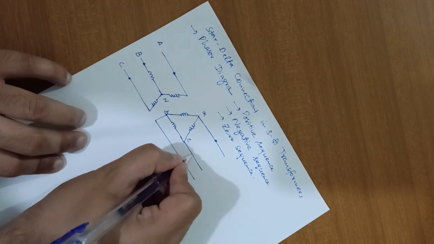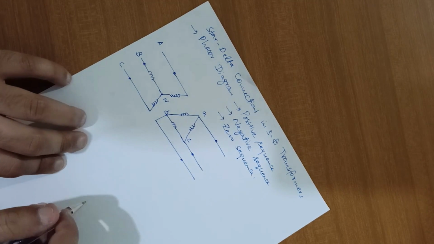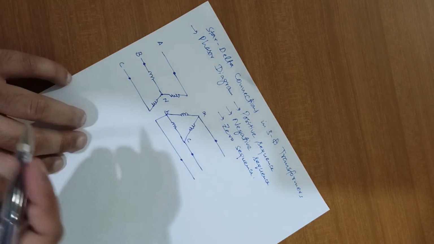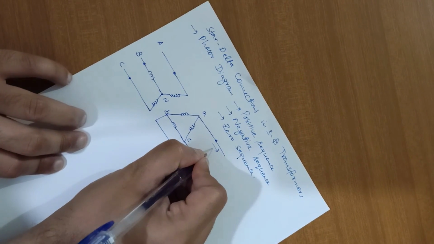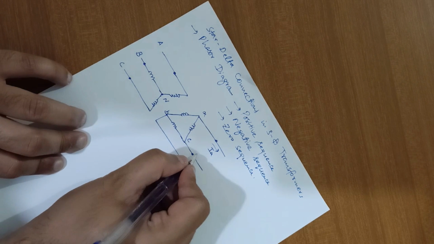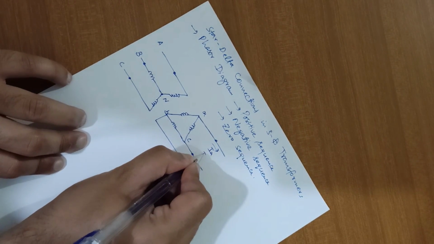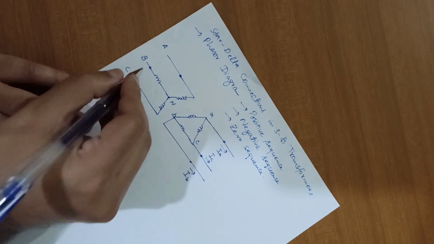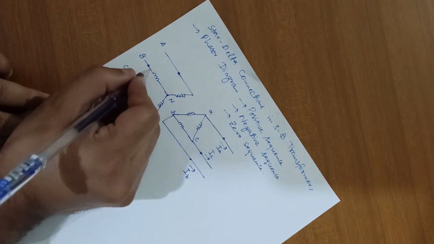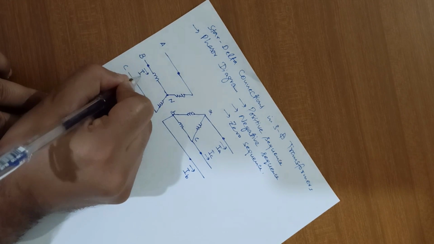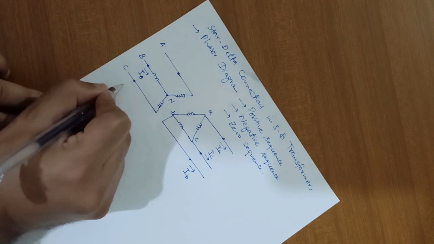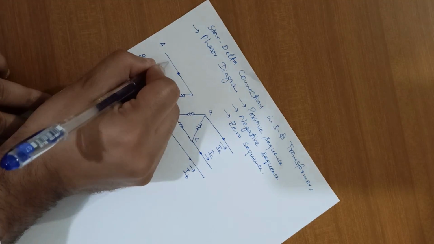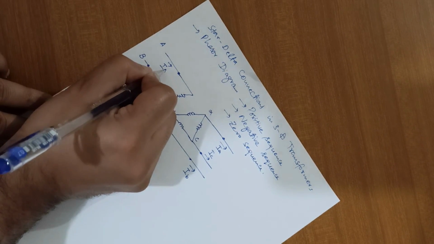Now we will mark the terminals A, B, and C. Here we have IA, here IC, and here IB. Just like this, we will draw here IB, IC, and here IA.